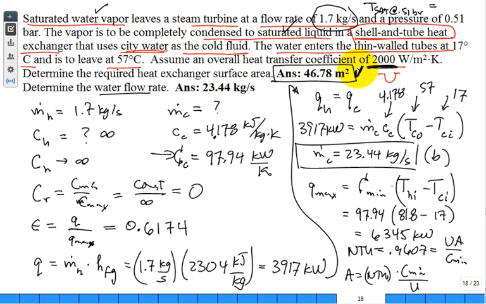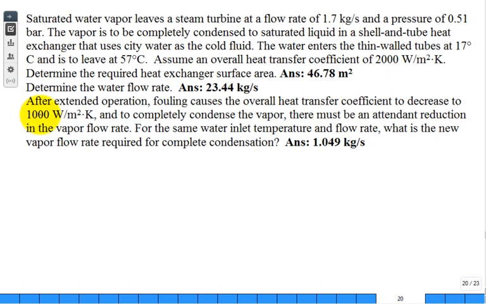The problem continues because after a long time, extended operation, the fouling causes the overall heat transfer coefficient to decrease. It goes from 2,000 to 1,000 watts per meter squared Kelvin. To completely condense the vapor, there must be an attendant reduction in the vapor flow rate.